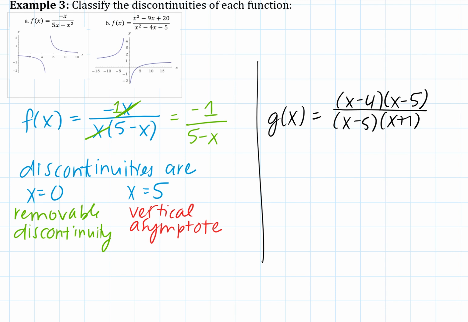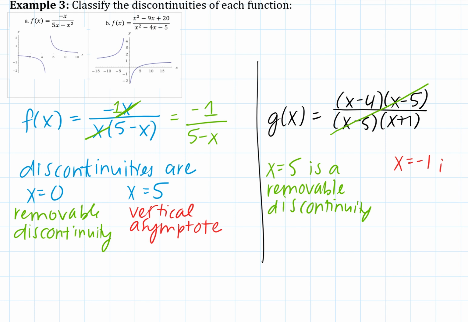Yep, indeed, we see that the factor x minus 5 cancels out because we're multiplying both the numerator and the denominator by the factor x minus 5. So x equals 5 is a removable discontinuity. And x equals -1 is the other kind. It's a vertical asymptote.